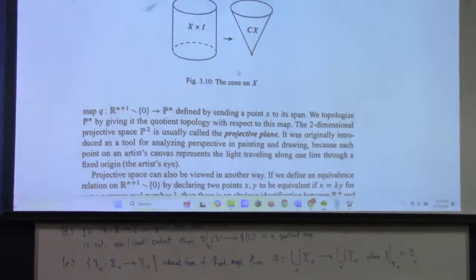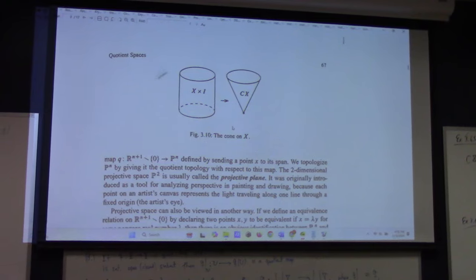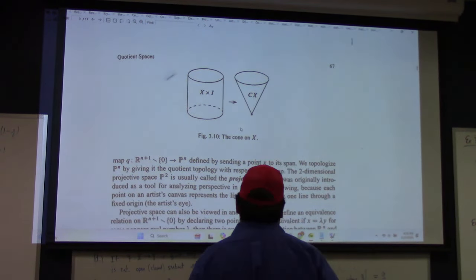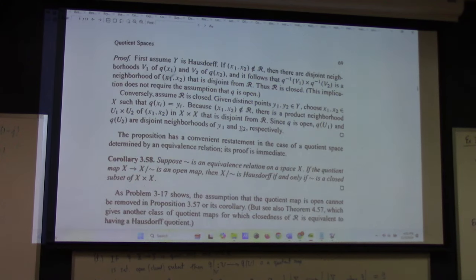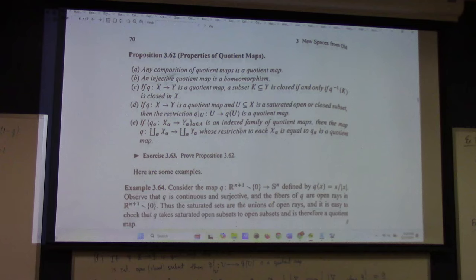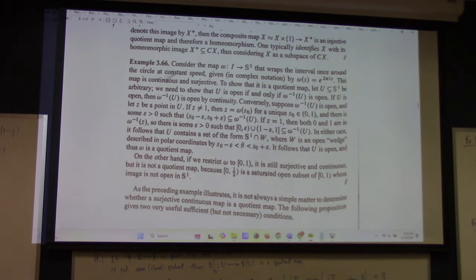So let's see here. These are a selection from John Lee's book that I've been trying to work through. Again, it's his book on topological manifolds. Right here, this was the next example.